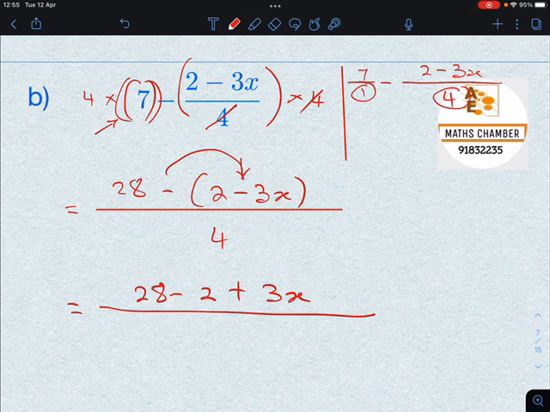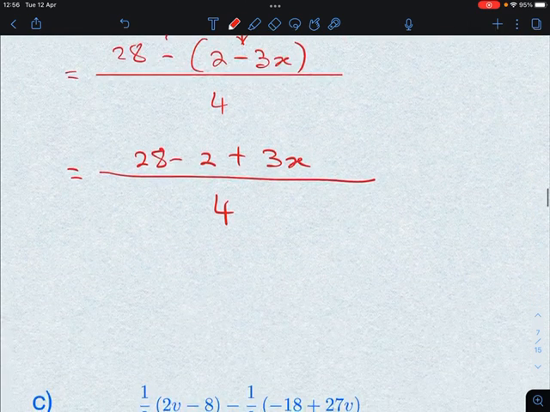So safety net first. Our safety net here is remembering to put the bracket. Even for 7, I still prefer to put a bracket. It's a good habit.